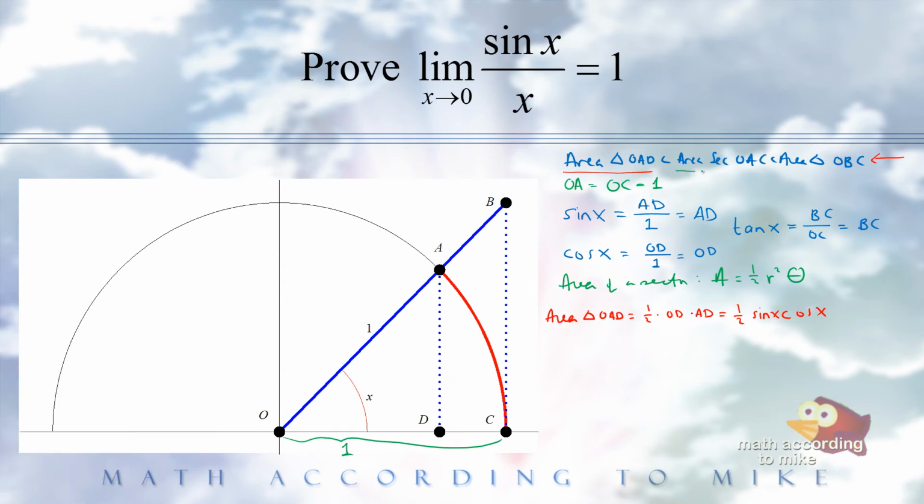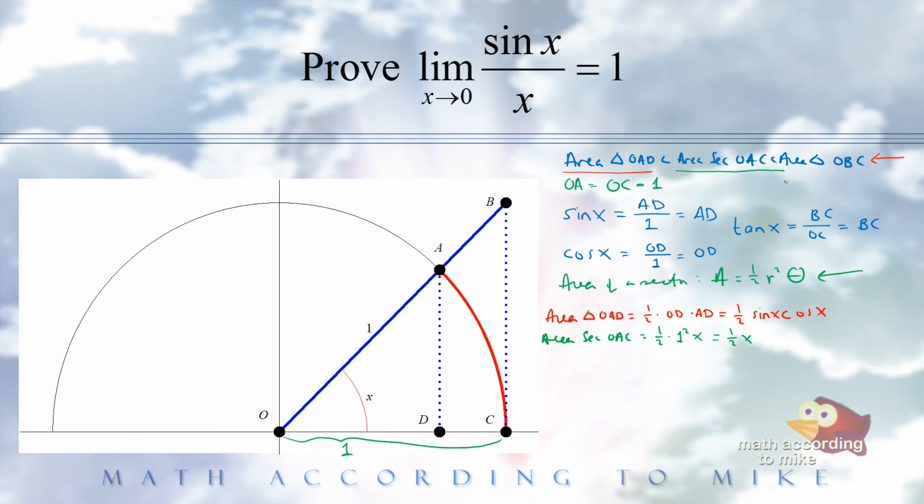Now let's do the second one. Area of the sector OAC. Using this formula here, it's going to be 1/2, our radius is 1, our theta is x. So just 1/2 x. That's nice and neat.